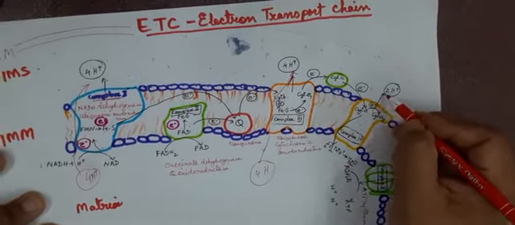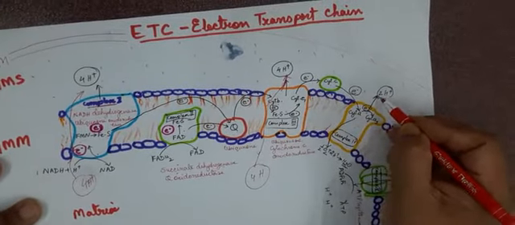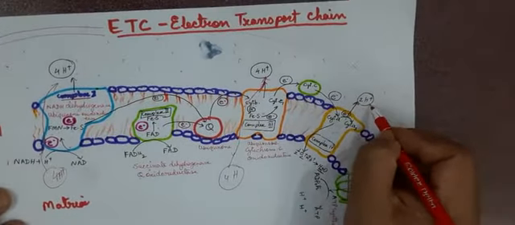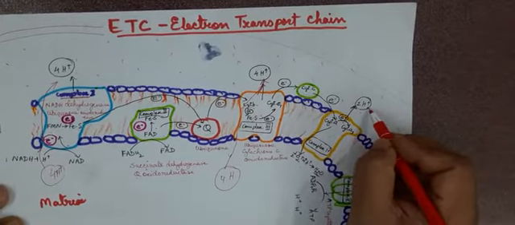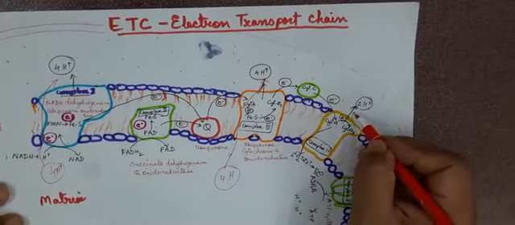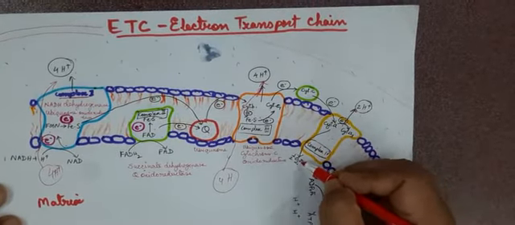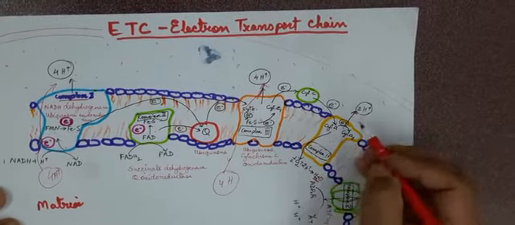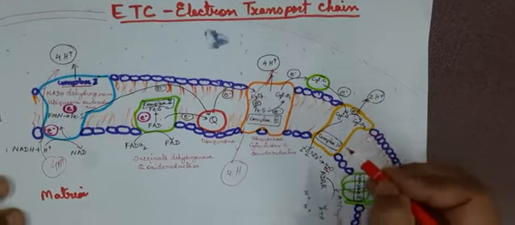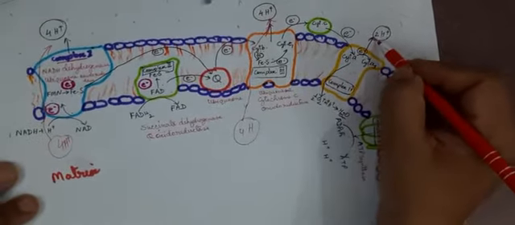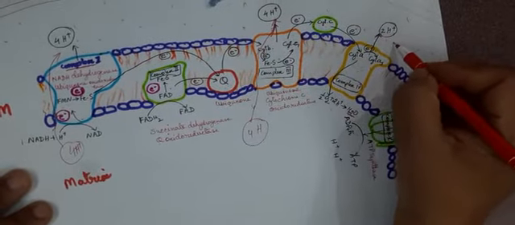So the net hydrogen ions released in the space are 2 hydrogen ions. Although 4 are coming, 2 come back to make the water molecule, and 2 are released in the space. So in the fourth complex, only 2 hydrogen ions are released in the space.